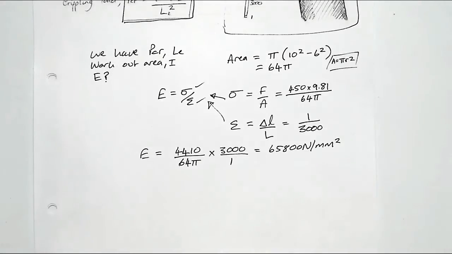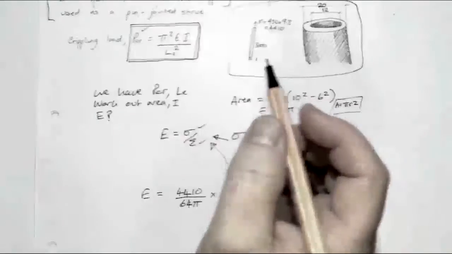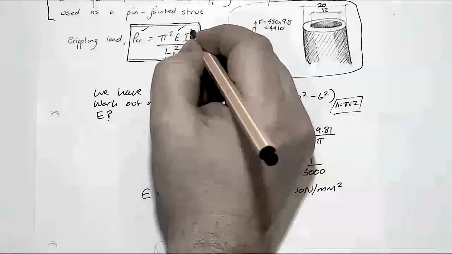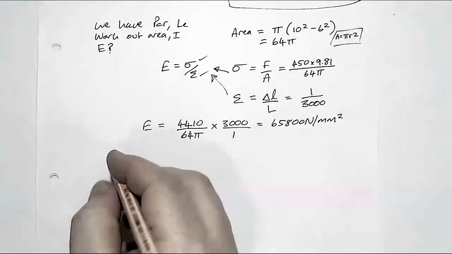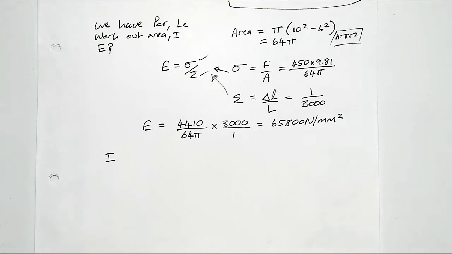So in terms of our Euler, we've got P, we've got E, we know our length. Now we've got to look at I. Do you have the formula tables in the back of this handout, or is it just the other one? Yep, so we've got a circle.